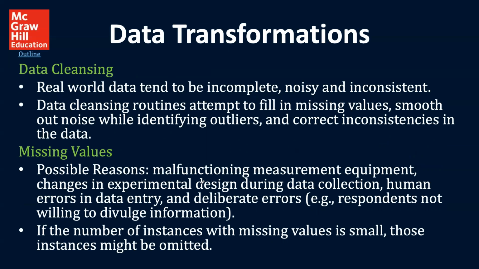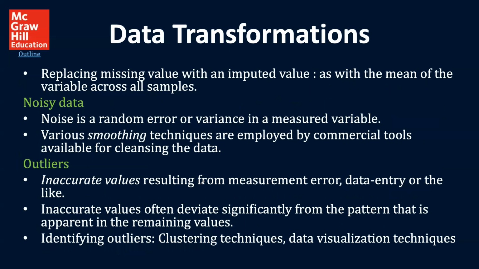For missing points, the possible reasons could be malfunctioning measurement equipment, changes in experimental design during the data collection, human errors in data entry, and deliberate errors, say respondents not willing to divulge information. If the number of instances with missing values is small, those instances may be omitted. Replacing missing values with an imputed value, such as the mean of the variables across all samples, is one possible way of filling in that data.